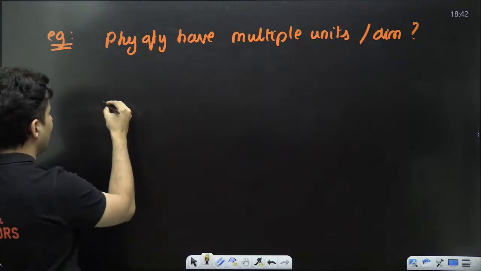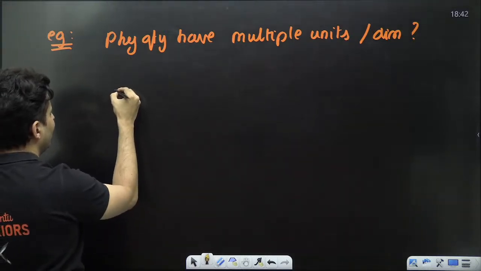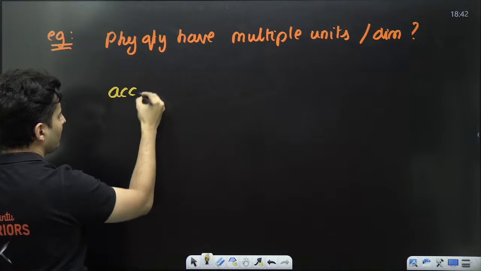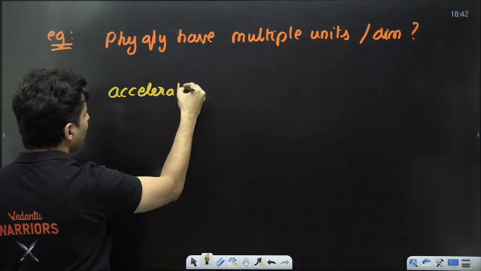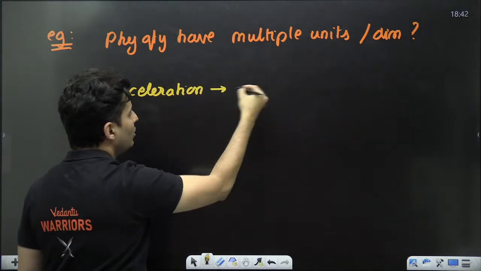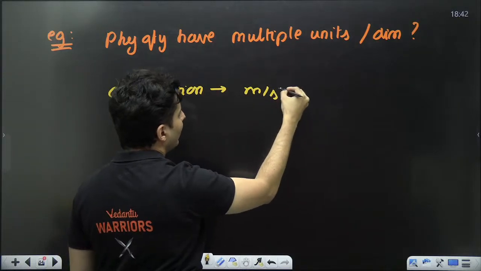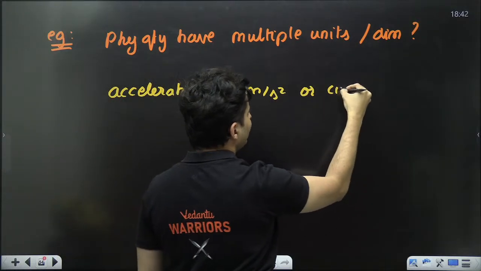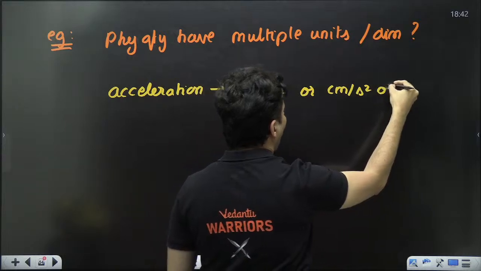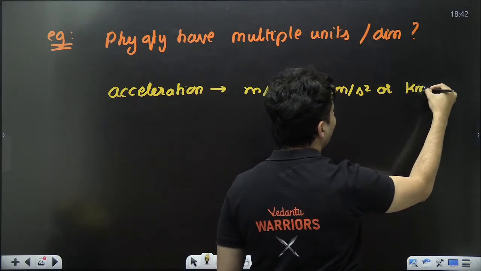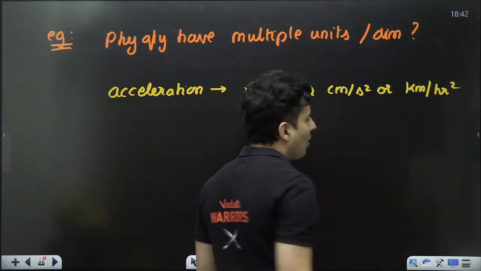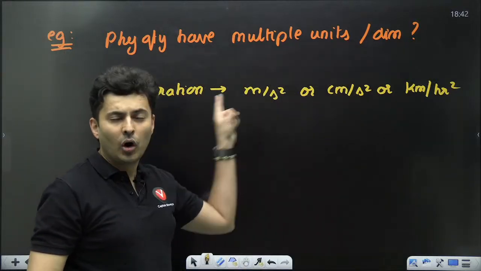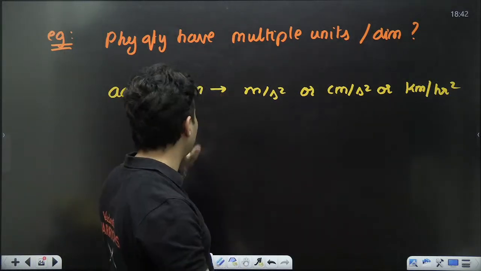Let's take an example. Let's say we take the unit of acceleration. Acceleration has the unit of meters per second square, or I can also use centimeter per second square, or I can also use kilometer per hour square. All these are different units of acceleration.